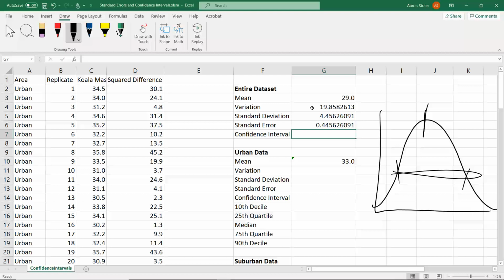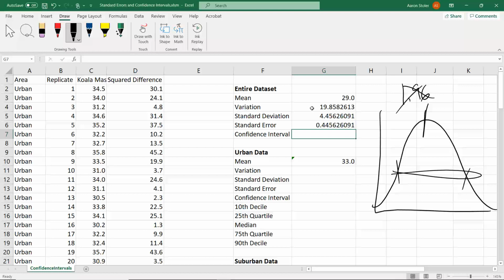The confidence interval, the 95% confidence interval, is where the data is likely to fall if we were to do this again and again and again, or where the mean is likely to fall. And the confidence interval is equal to plus or minus 1.96 times the standard error.